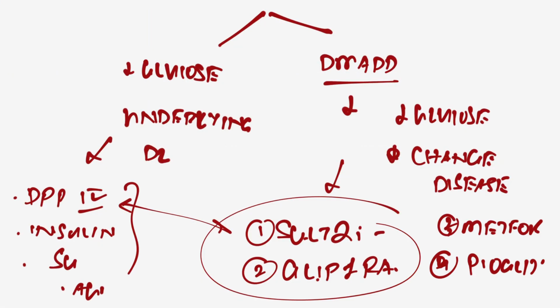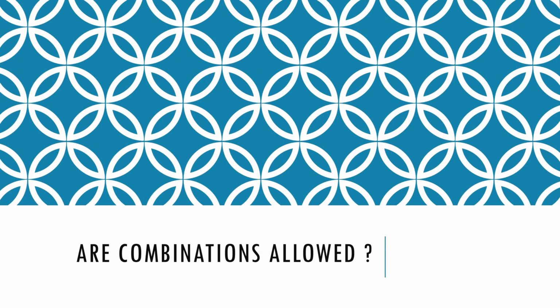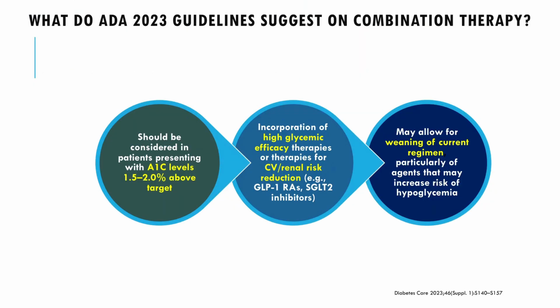Okay. So then the next question a lot of people will ask is, are we allowed to give combination therapy in clinical practice? Yes, we are allowed. If you see, this is a recent ADA guideline. ADA guidelines also recommend use of combination therapy wherever it is feasible.